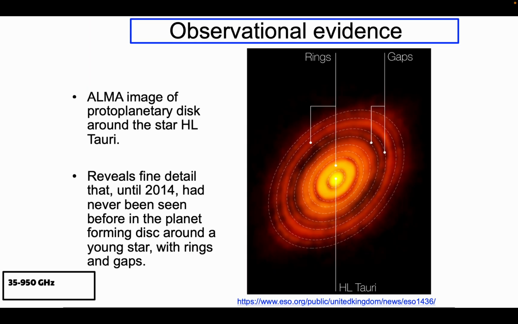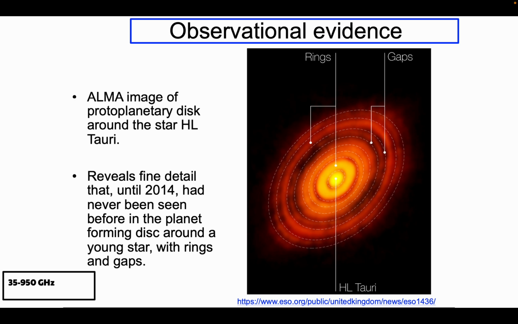Observational evidence has been found for this collapse from a cloud and the formation of the solar system or any planet-star system. Here is one such observation with the ALMA telescope. This was the image of a protoplanetary disk around a very young star, the star HL Tauri.